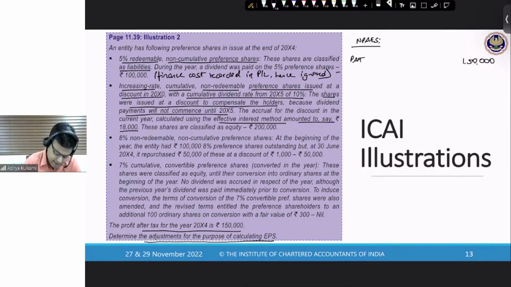These shares are classified as equity, rupees 2 lakhs. Okay, first of all, tell me what adjustment should be done. If no adjustment should be done, why? If adjustment should be done, what is the amount of adjustment?